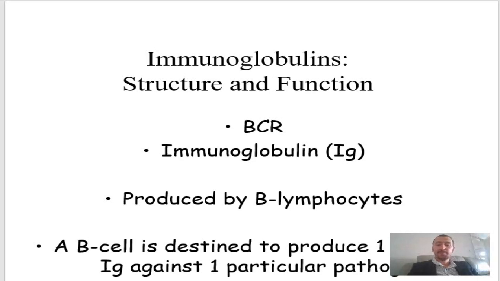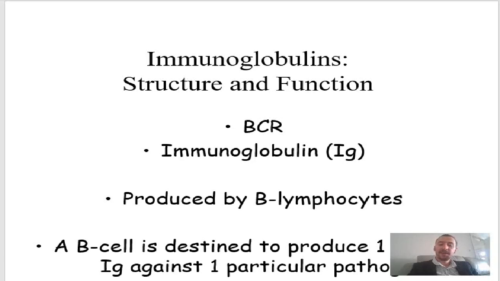Of course, the B cell can also express immunoglobulin as a form that is secreted from the cell, and that's generally referred to as antibody or immunoglobulin. The summary point there is that the B cell receptor is the exact same as immunoglobulin, with the only exception being that it's membrane bound.